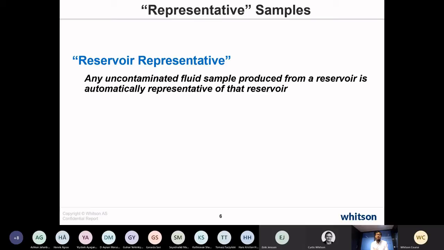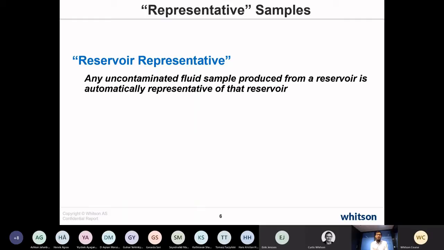We will come back to that. Even if you have an oil-based mud contaminated sample, you can actually do the decontamination and calculate the hydrocarbon phase composition, the reservoir representative sample composition for that sample.